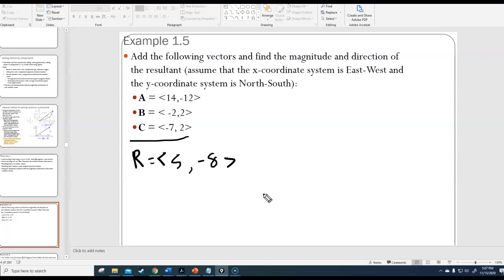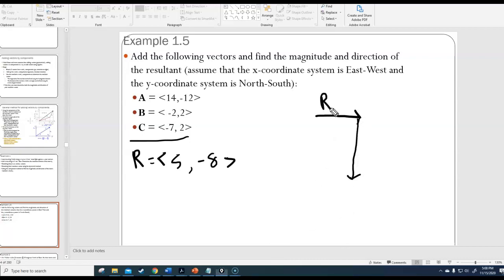Okay, so what I have here is the X and Y components of the resultant vector. Now, what does this mean? Well, if I think of my resultant vector, I know that the X component of my resultant is pointing in the positive X direction. And I also know that the Y component of my vector is pointing in the negative Y direction with slightly more magnitude. Okay, something like this.